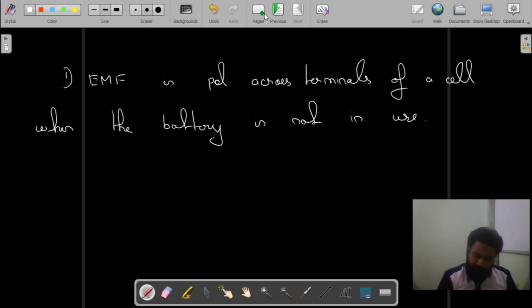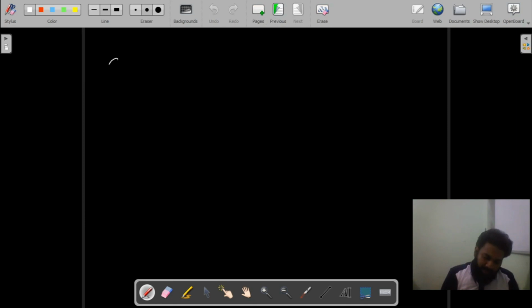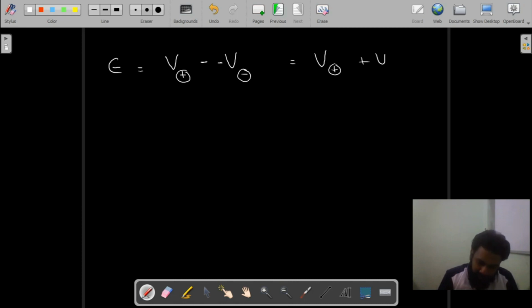Another way we can say this is that the electromotive force E is the standard reduction potential V plus minus V minus, or V plus plus V minus.